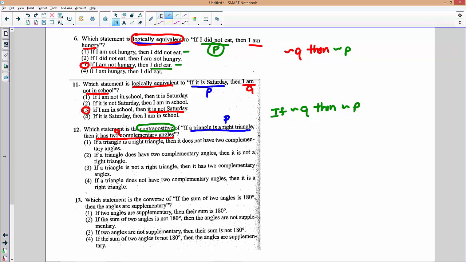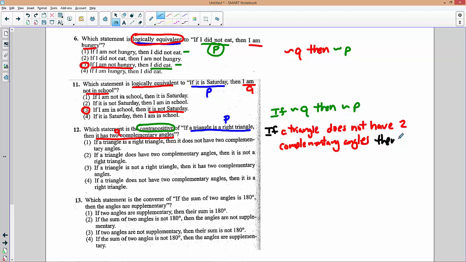All right, so if we were to write this one, we would say if not Q. So we would say if, and I'll use our Q here, which is in red. Our Q is it has 2 complementary angles. So if a triangle does not have 2 complementary angles, okay, then, and let's take the blue, not P, right?